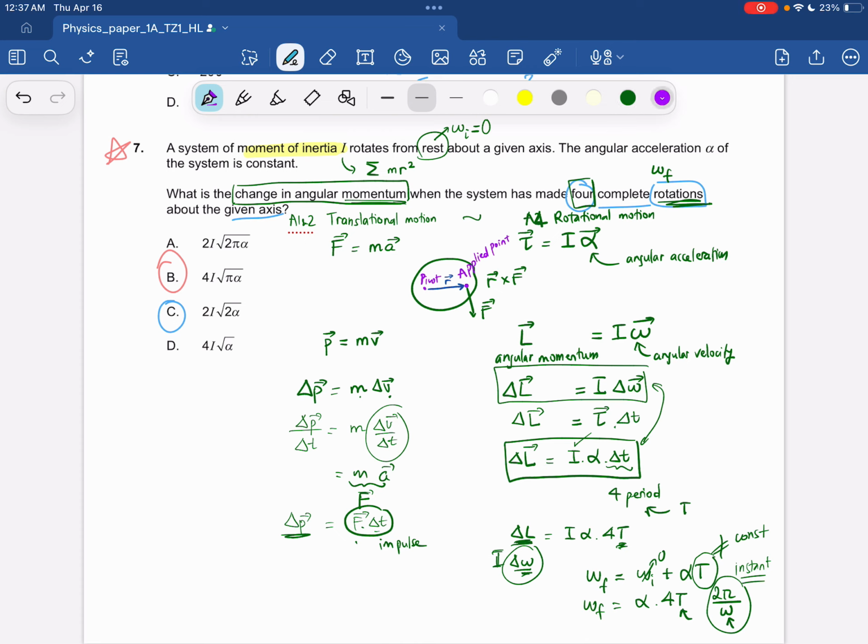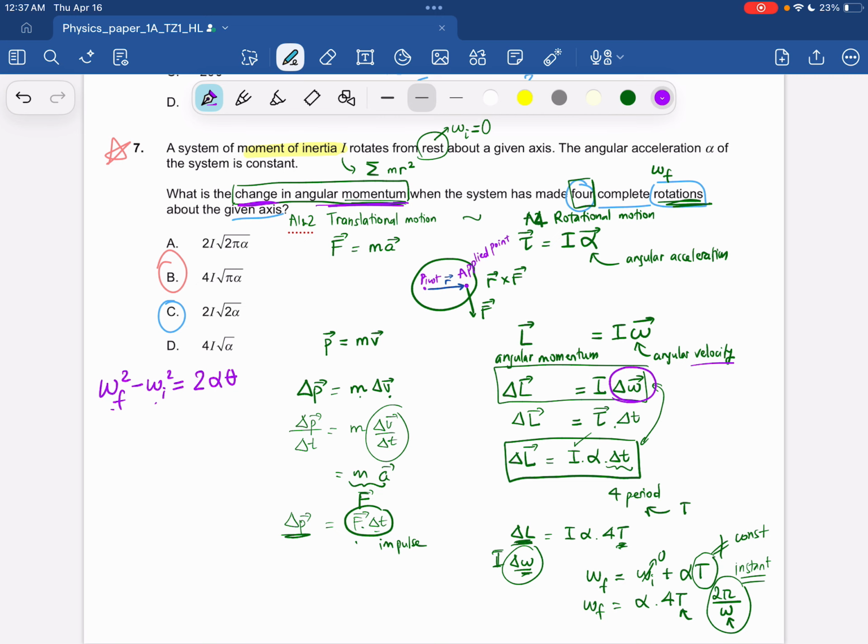So what kind of equation can be helpful here? If you remember, there's also another equation: omega final squared minus omega initial squared equals 2 alpha theta. This is the magic one, right? Because basically if we want to find a change in angular momentum, we need to know the change in the angular velocity.